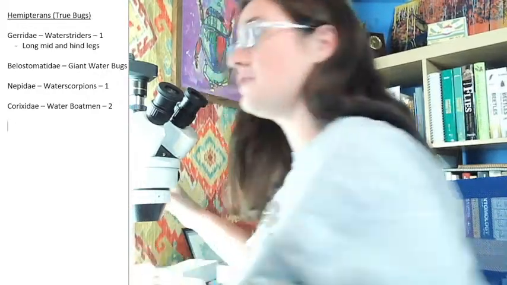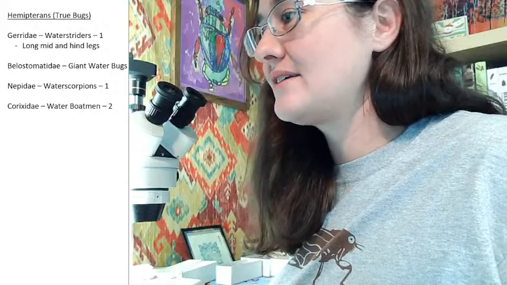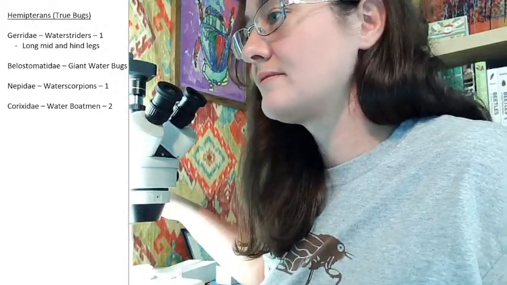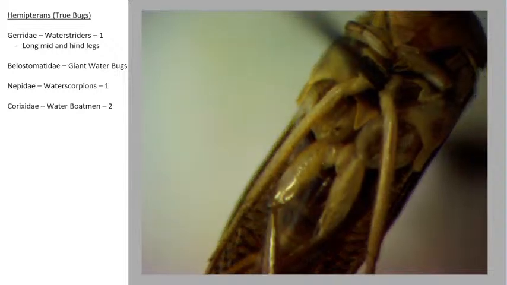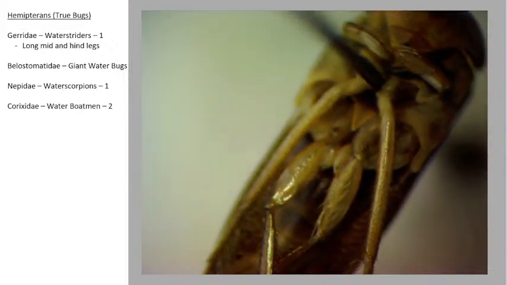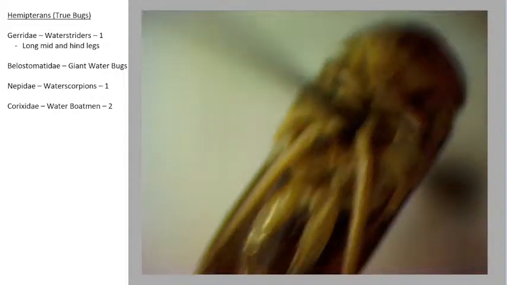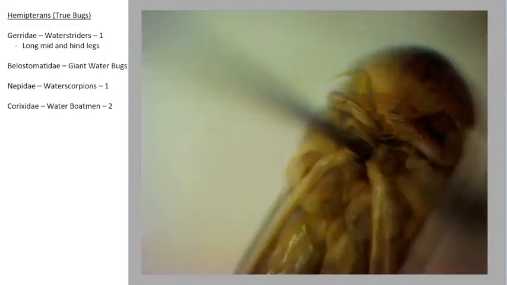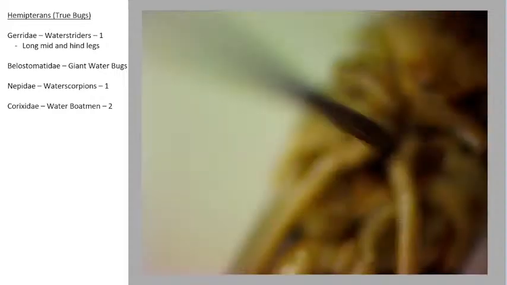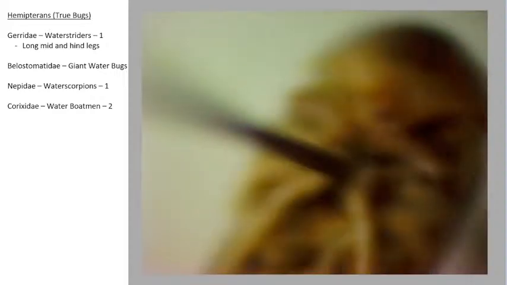Yes, there we go. Okay, so now you guys can see. Alrighty, so we are looking at the bottom side of our water boatman, and we're going to be looking at its first pair of legs. That's really what we're interested in.